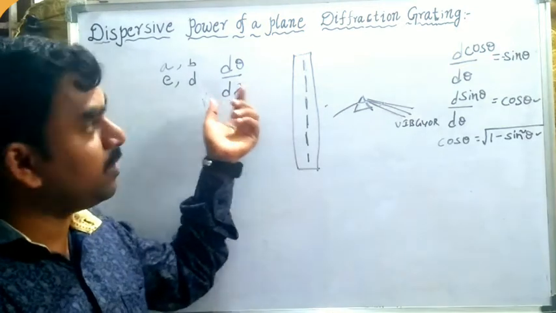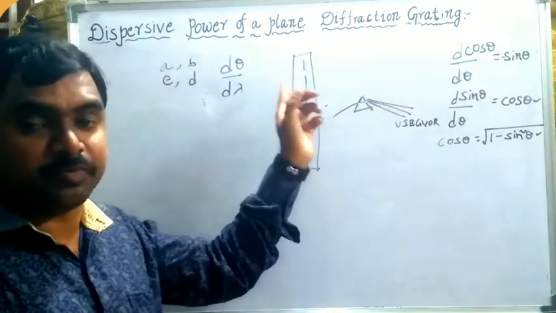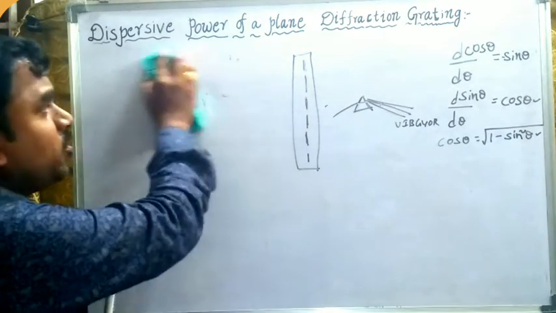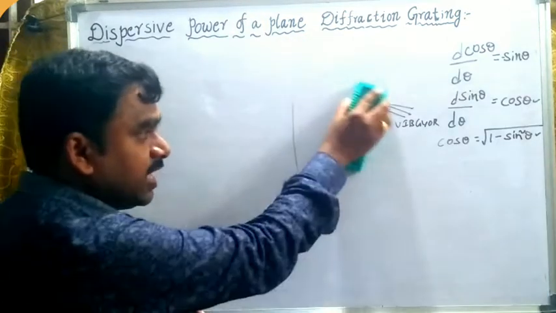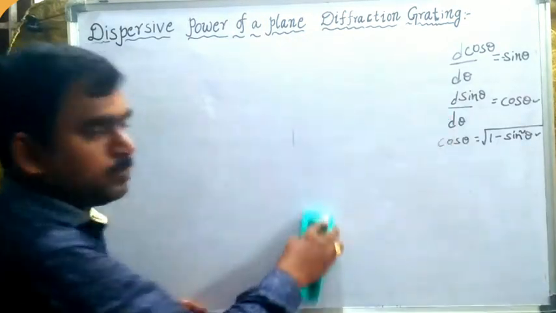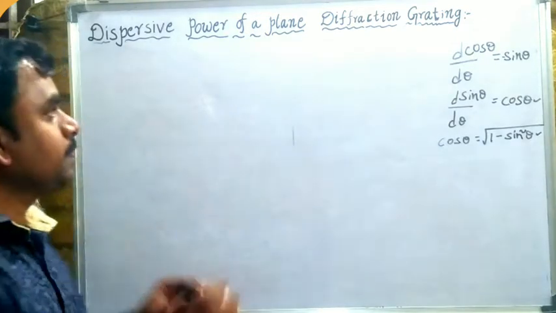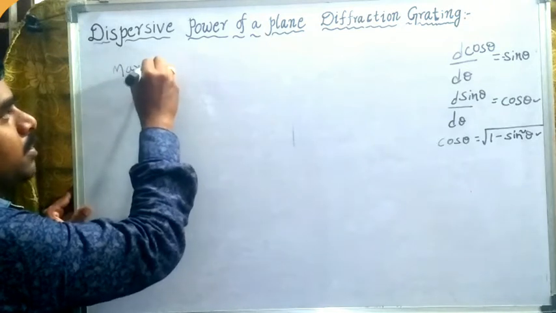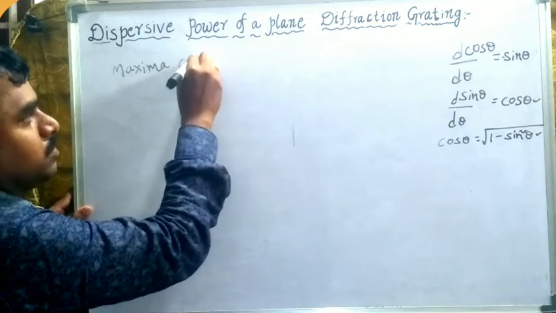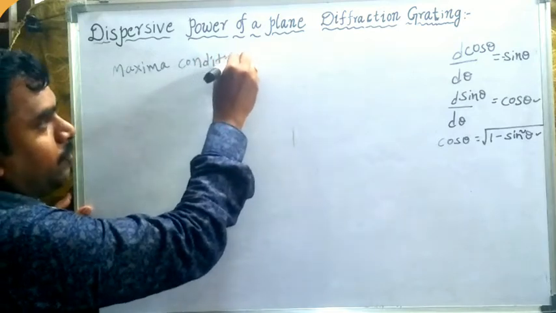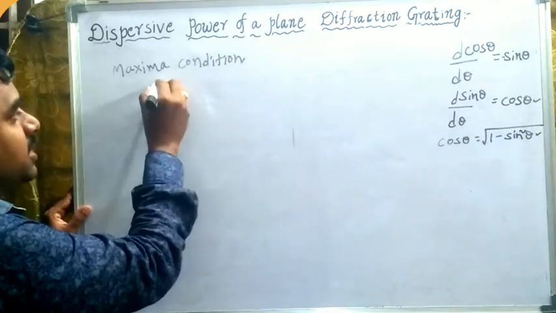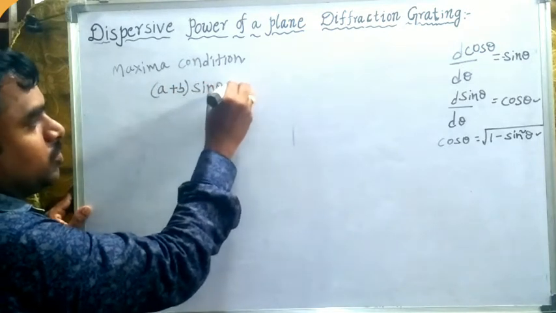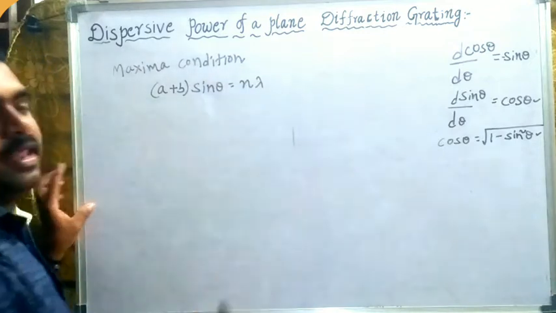Shall we derive the formula for the dispersive power of a plane diffraction grating? Yes, we can. For that, we take from the diffraction grating experiment the maximum condition for plane diffraction grating: (a plus b) sin theta equals n lambda.